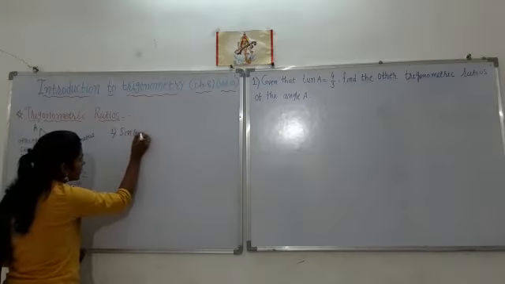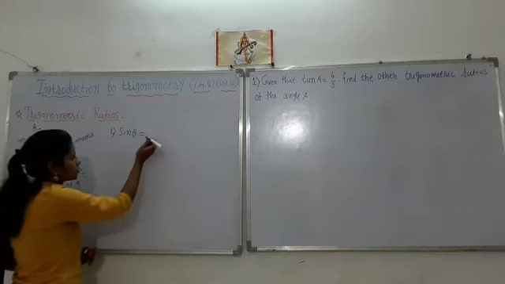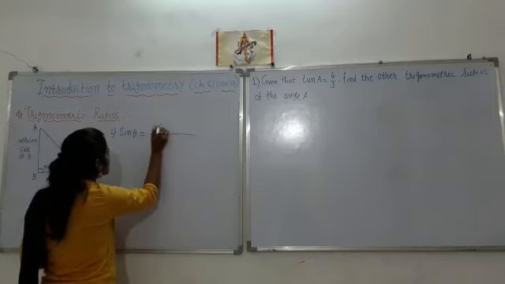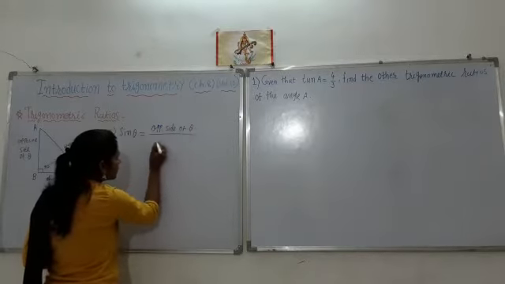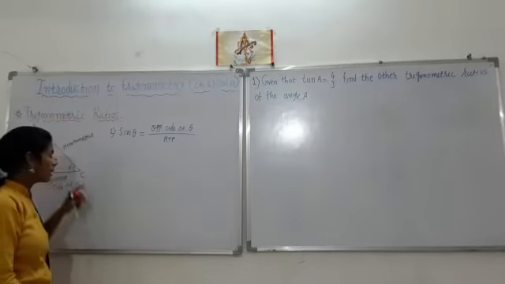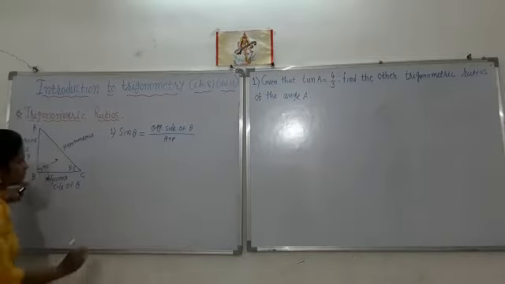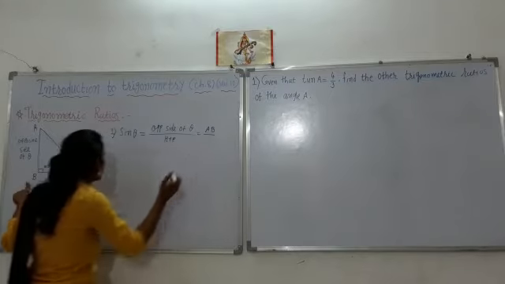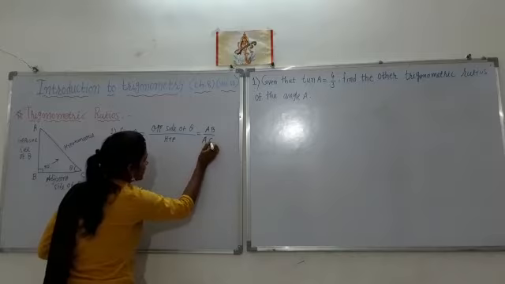So sin theta is defined this way: sin theta is equal to opposite side of theta upon hypotenuse. In this particular figure, the opposite side of theta is AB, so you can write sin theta is equal to AB upon the hypotenuse AC.